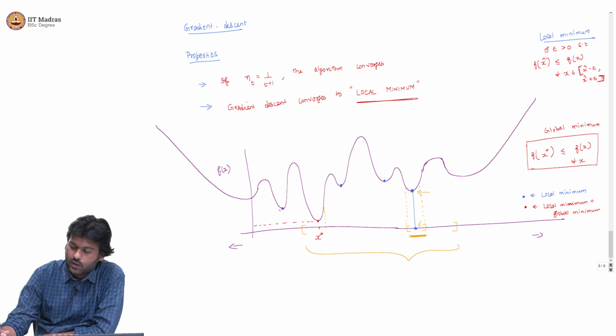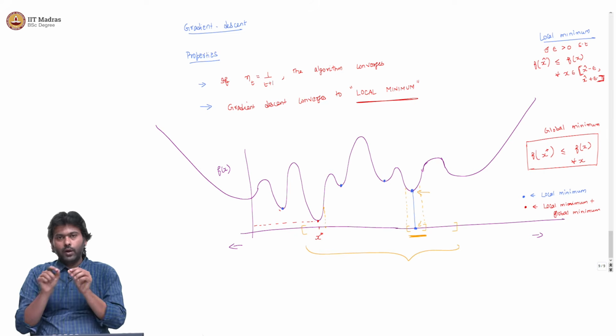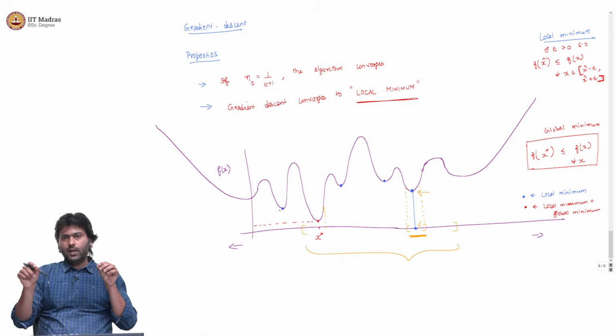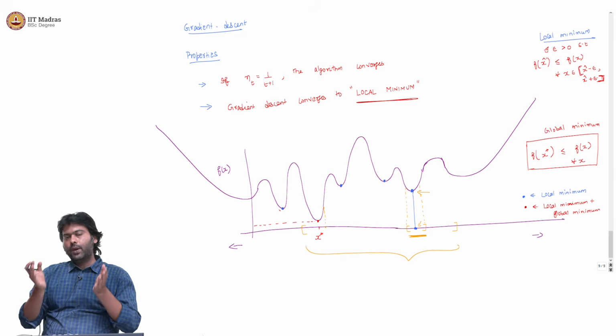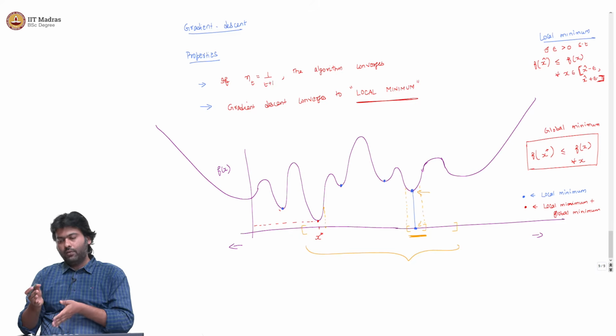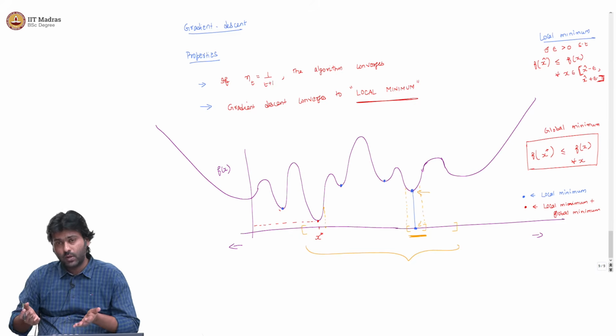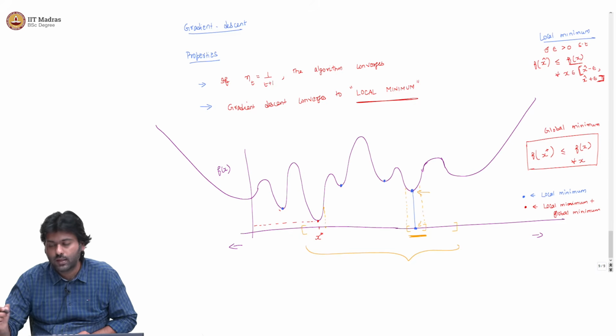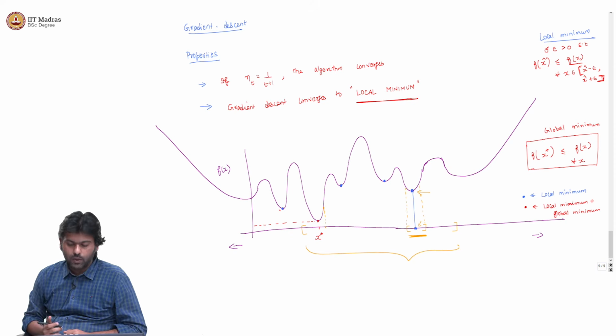So, that is what this interval symbol means. I take any point within x hat minus epsilon and x hat plus epsilon, I compare the value of the function with f of x hat. If f of x hat is less than or equal to f of x, then I call this local minimum.